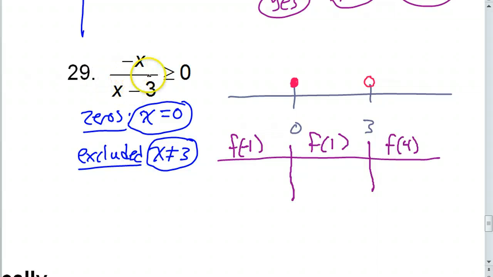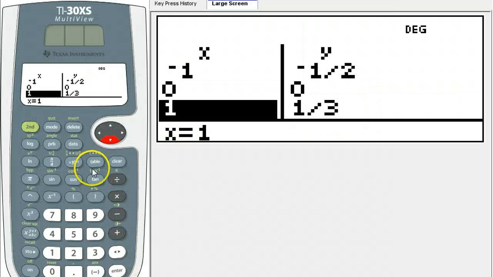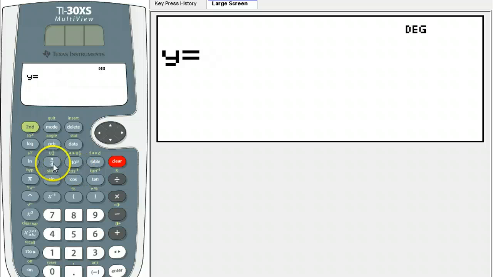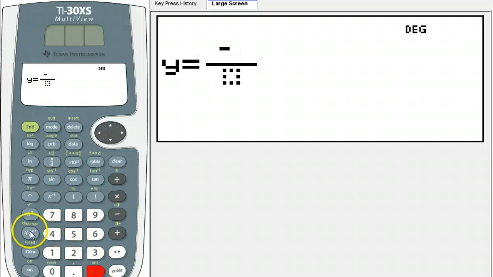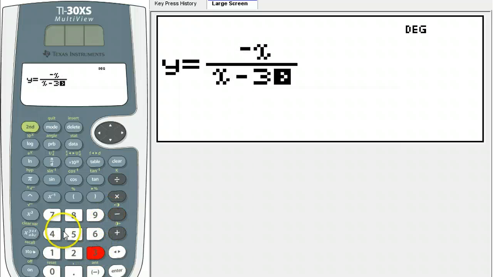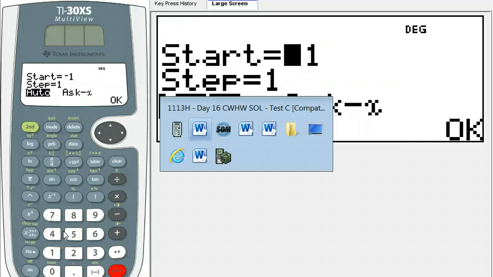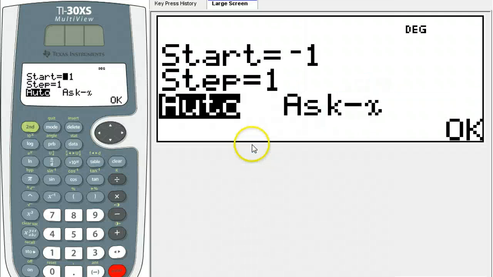Okay, so I can just put this in the calculator. So -x over x minus 3.